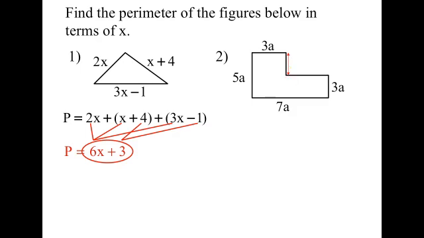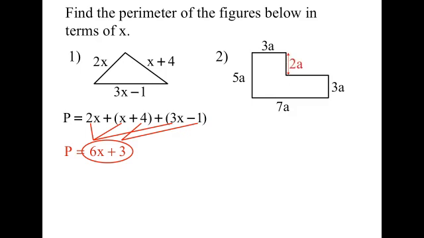Now, what's tricky about this one is that 2 of the sides are not identified. So how do I figure that out? I look at the whole side as 5a, and if this is 3a, then this must be 2a to make a total of 5a.